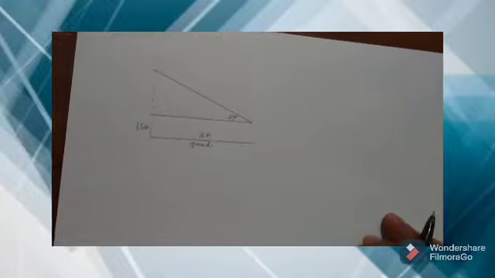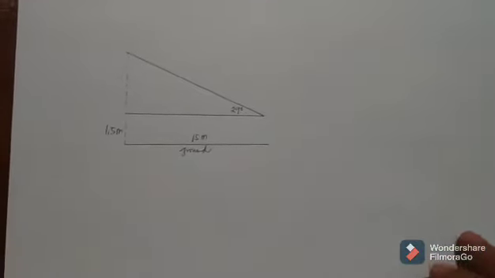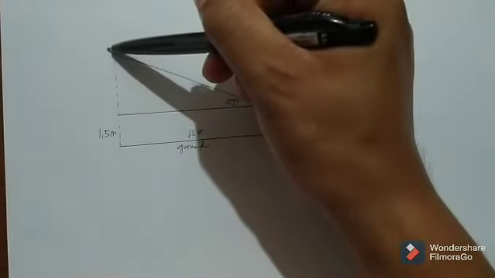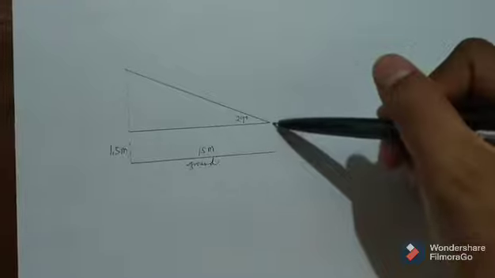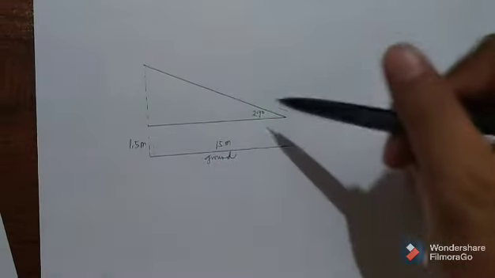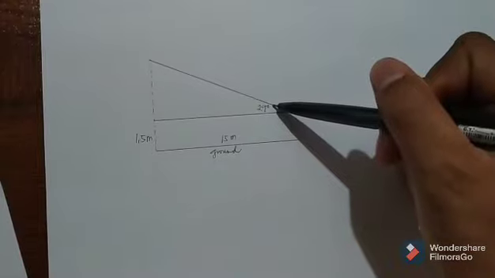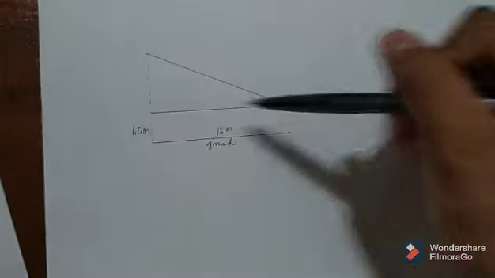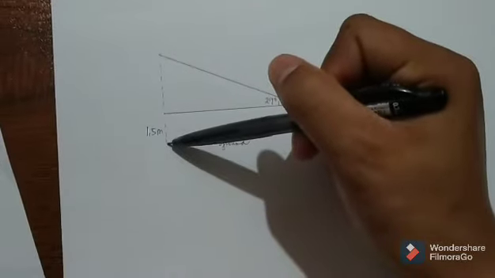Let us now have a problem wherein we're going to find the distance of the bird above the ground. This would be the illustration, wherein our bird is somewhere here and here is the man holding the string, and the angle formed there is 29 degrees, and from there this is 1.5 meters.